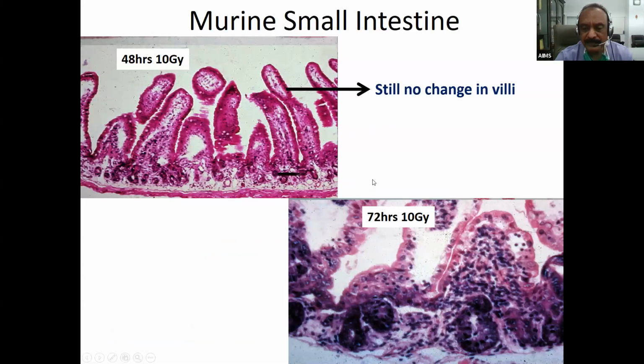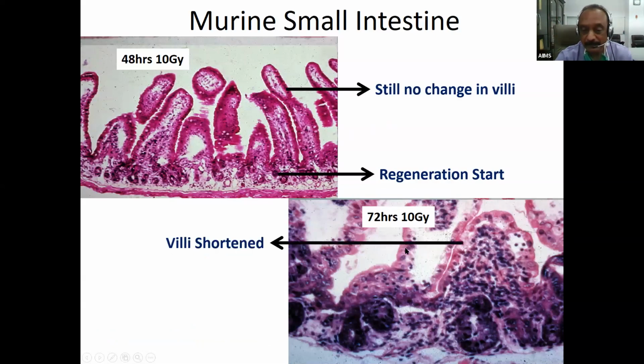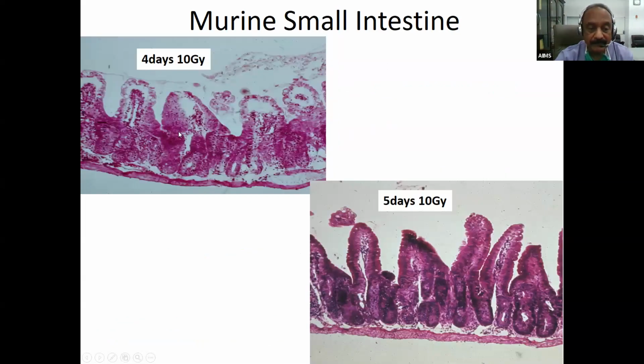You can see some regenerative activity started here after 72 hours. Now you see there is shortening of villi. Now the clinical symptom will occur because all the cells have now been consumed. You can also observe regenerative activity at the crypts. After 4 days, you can see regenerated crypts.